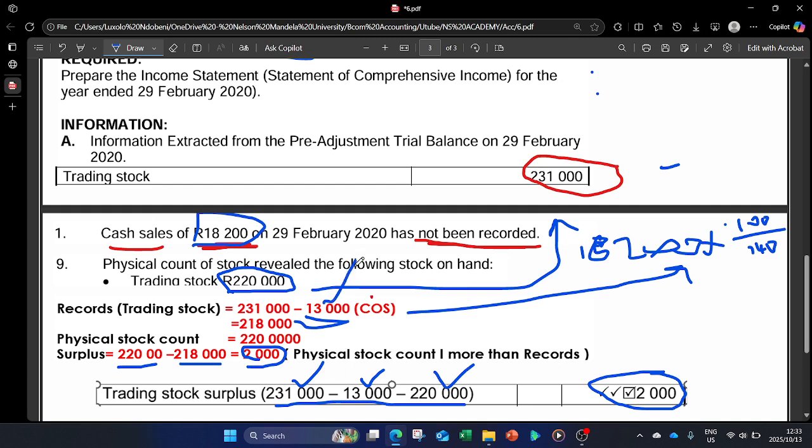Firstly, we deducted 13,000 so that we get the records, then we compared with the physical stock count, and then we said that 220 minus 218. So you can see you will get your 2,000, but use this one for more understanding. But if you are good with the understanding of it in the exam, to save time, you can use this one too.